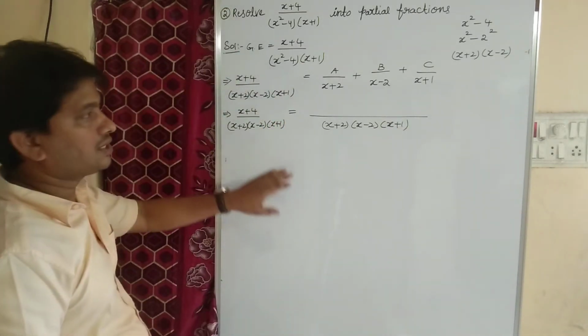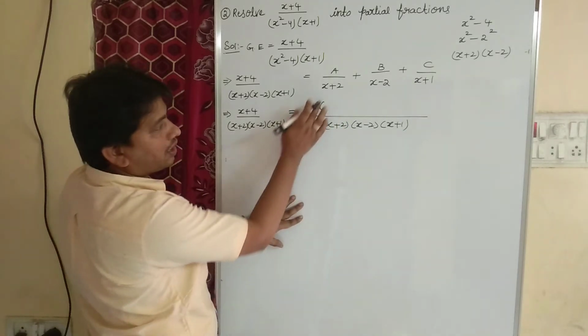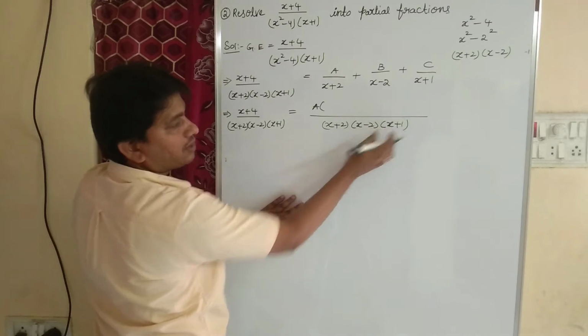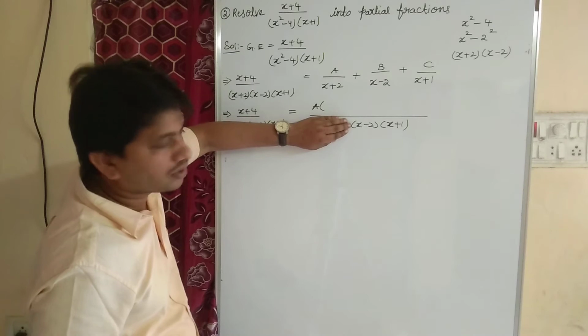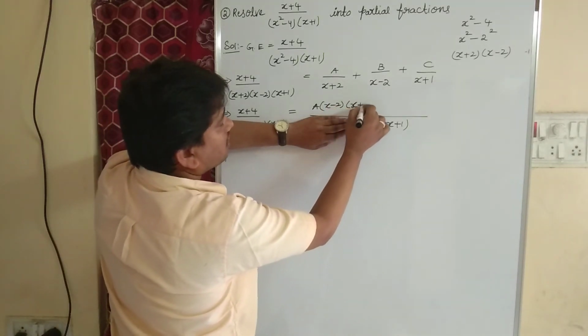That is our LCM. Now a into, already we have x plus 2, children. What about the remaining terms? We don't have x minus 2 and x plus 1. Is that understood? Here x plus 2 is already there, so don't write this term again. So the remaining terms we have are x minus 2 and x plus 1.